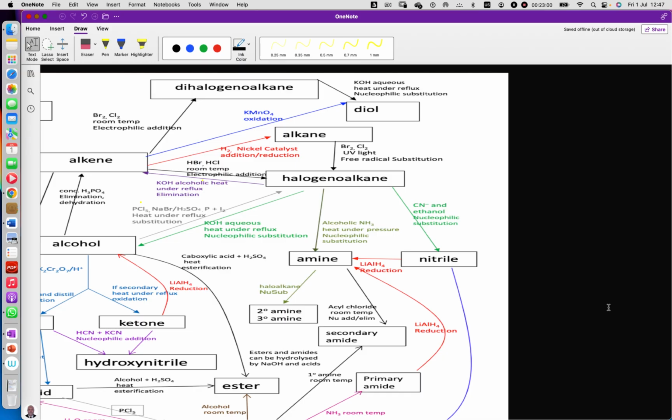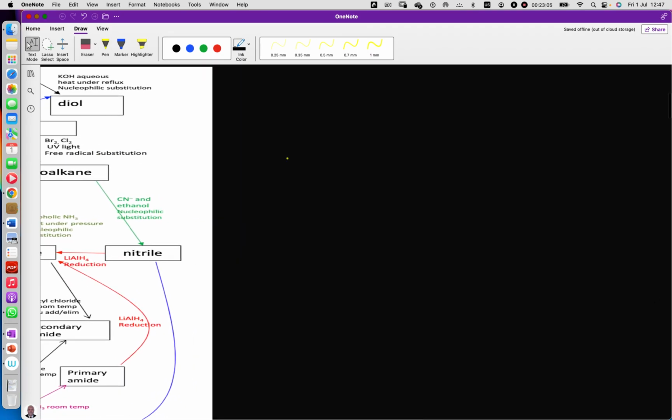Let's see the diol that is going to be given. A diol is 2 OH groups attached to the molecule. Let's use ethene as an example. This is an ethene molecule.